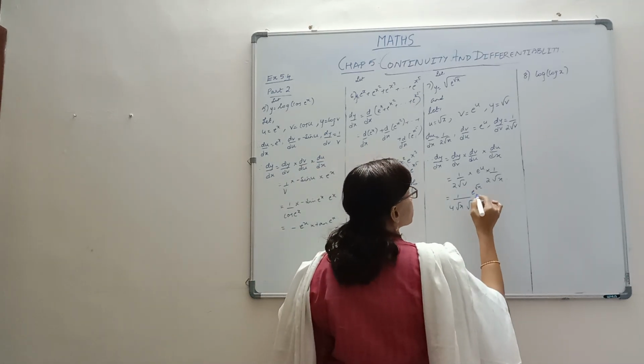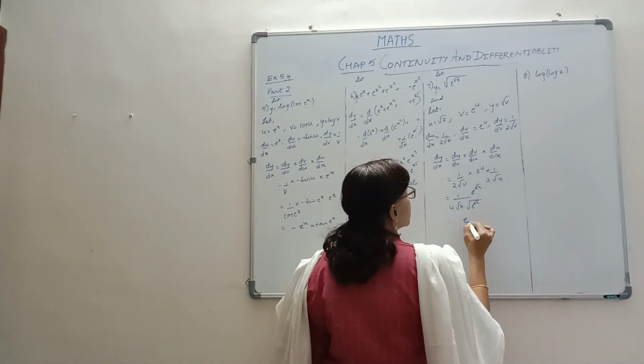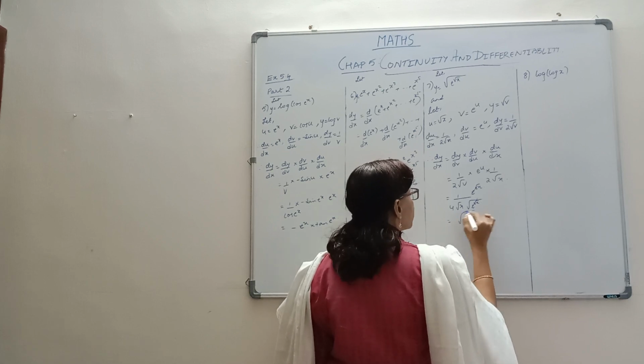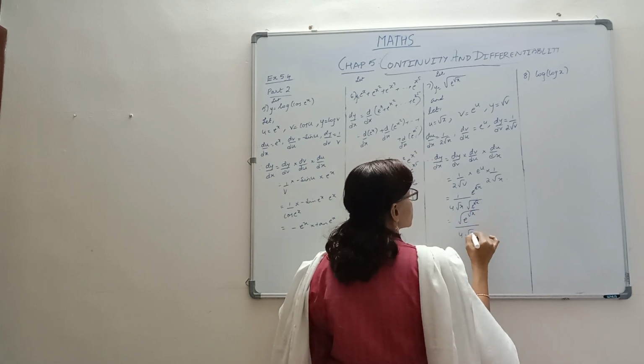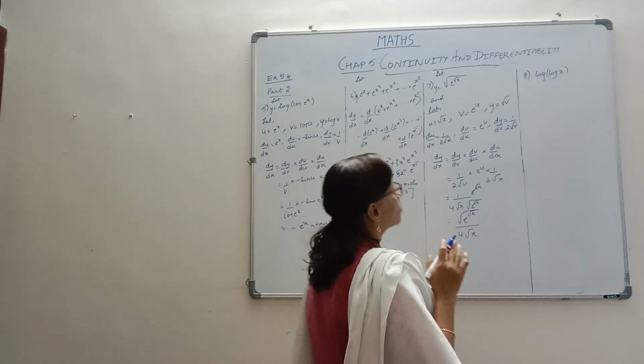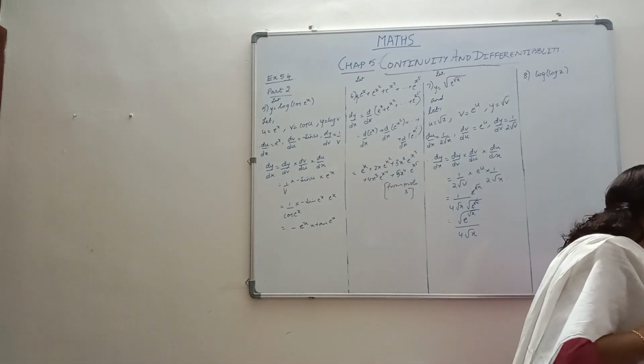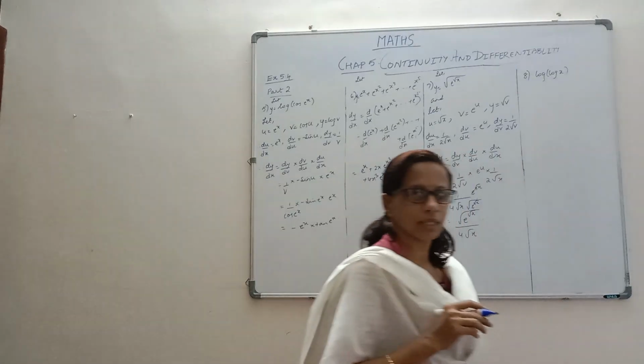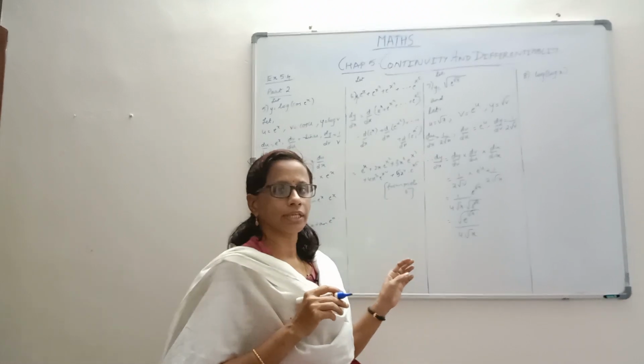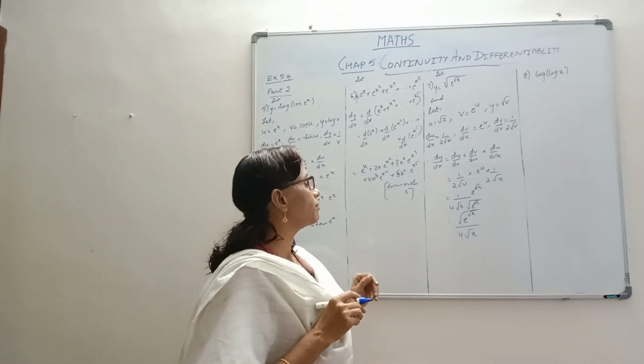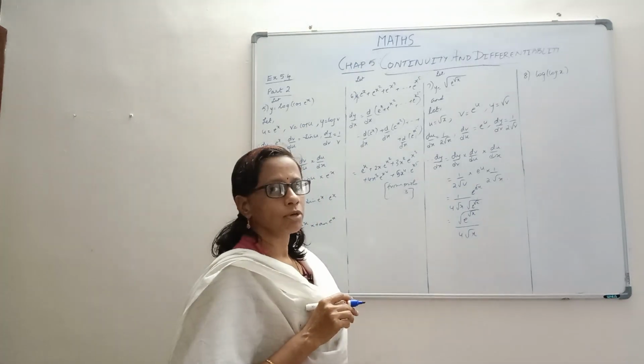It will become e raised to root x and root of it by 4 root x. So if you want, you can get it shortened up. That's about it, and that's how we are getting the derivative.